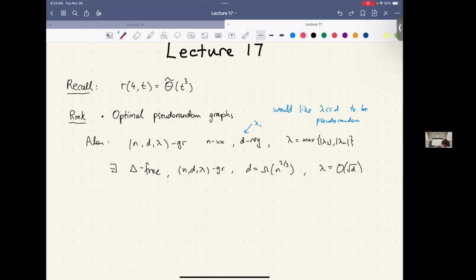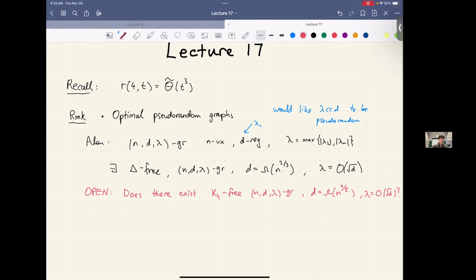What's open is the next case. What about K4-free, or in general, Ks-free? So does there exist a K4-free (n, d, lambda) graph where d is n to the 4/5 and lambda is almost optimally small?